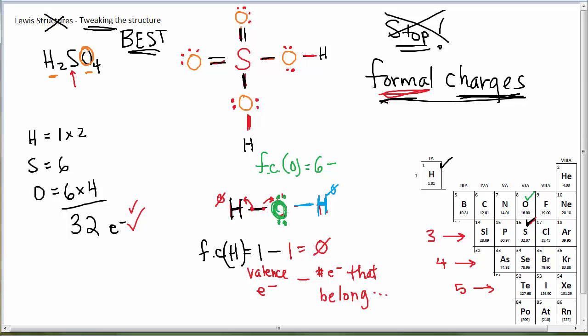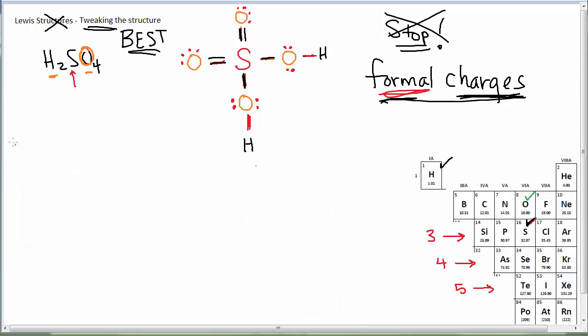So there are 2 electrons that belong to the oxygen. Here are 2 more that belong to the oxygen, and 1 of each of the single bonds belongs to him. So 2, 4, 5, 6, his formal charge is also 0. We do see a lot of zeros because 0 is a very stable formal charge, but it's not always a formal charge of 0. Let's do another example.